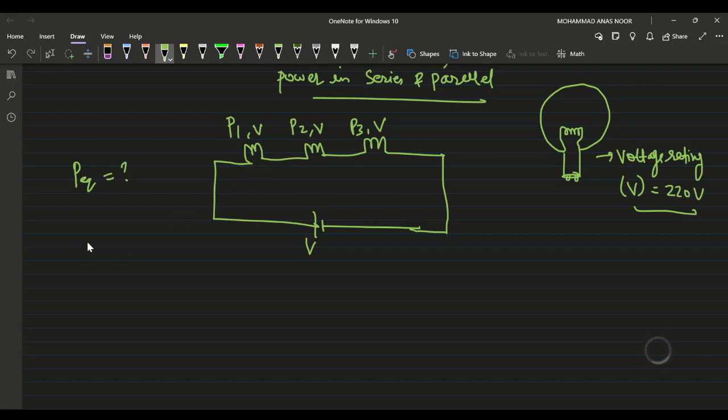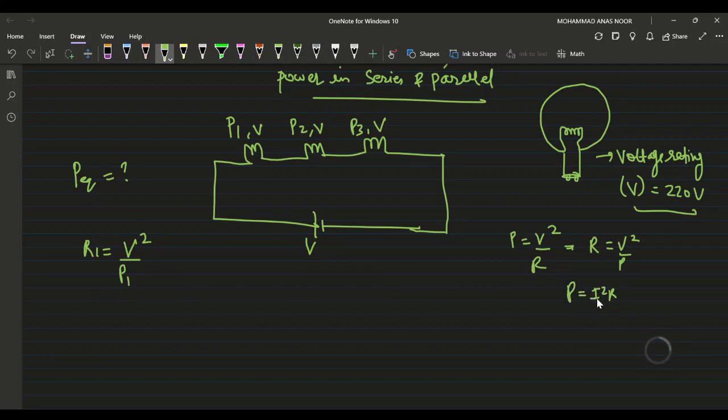The resistance R1 would be V square by P1, because power is V square by R, then R would be V square by P. Why are we not using the other formula, power is also I square R?